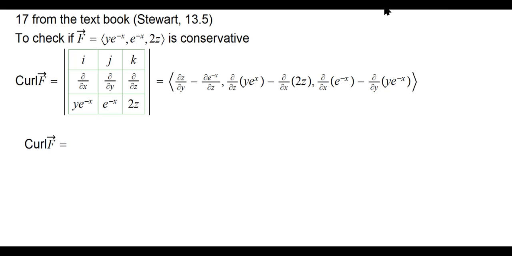So what we will get eventually is 0, 0, then negative 2 e to the negative x, right? And this does not turn out to be 0, right? So this is not equal to 0.